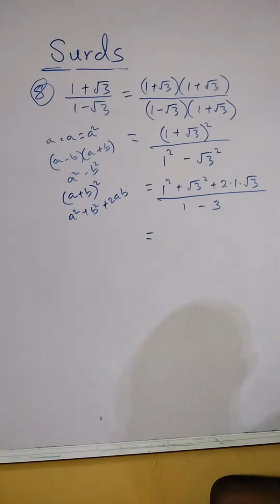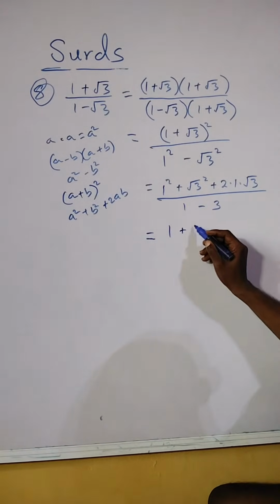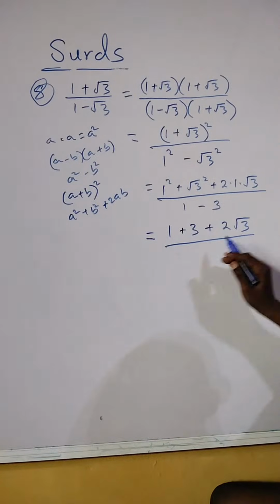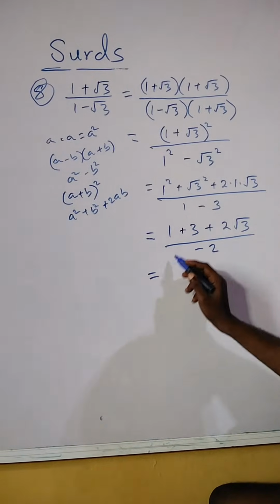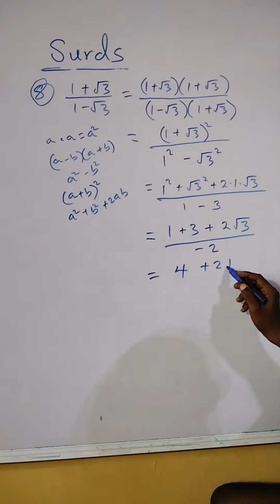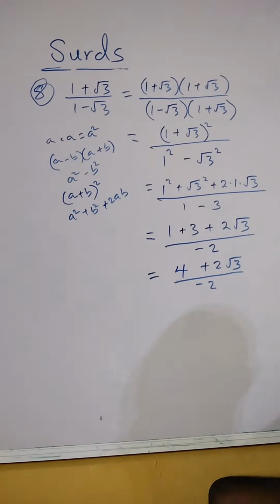Then this becomes 1 square, also 1 plus root 3 square 3, then plus 2 times 1 times root 3, that's also 2 root 3, then divided by 1 minus 3, minus 2. That is, here we have 1 plus 3, that's 4, then plus 2 root 3 all over minus 2.